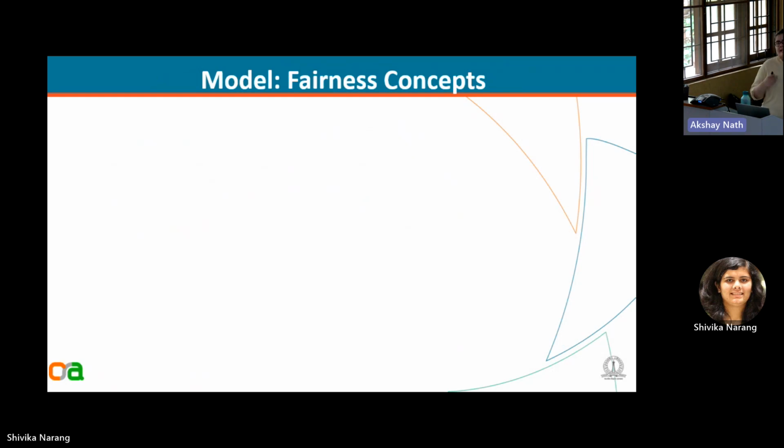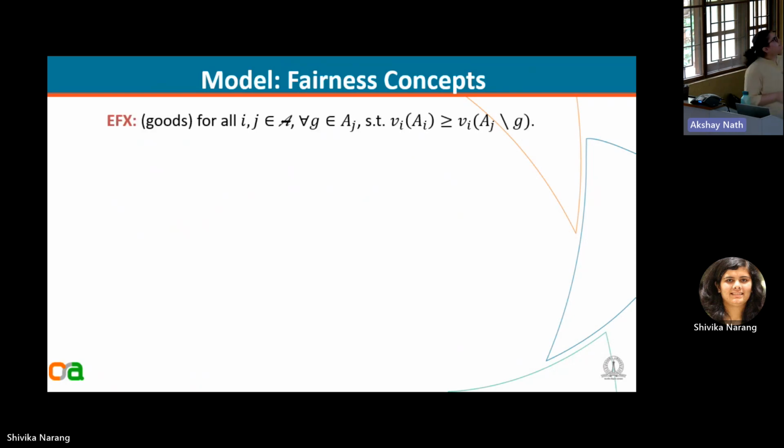So we need to look at fairness separately from social welfare. And again, we will look for envy-freeness and in particular relaxations of envy-freeness. So of the relaxations we consider, one is EFX. I'm defining this with goods in mind: my value for my bundle should be greater than or equal to my value for any other agent's bundle with any one copy of any of the items they received removed from it.